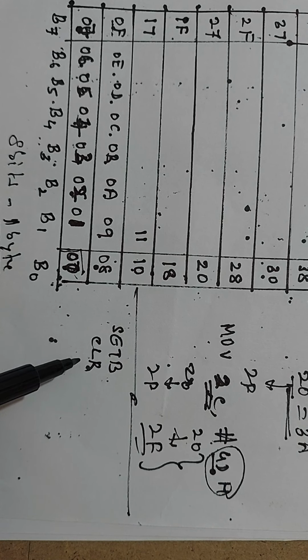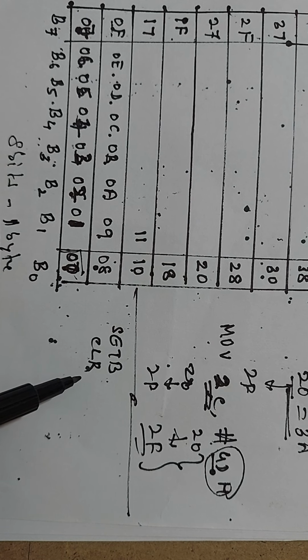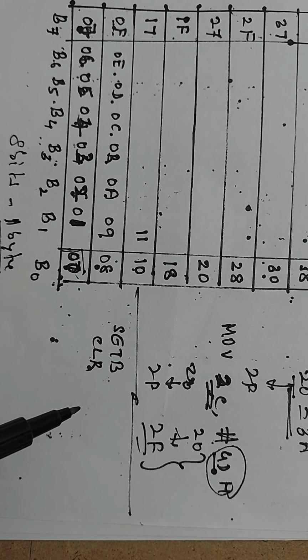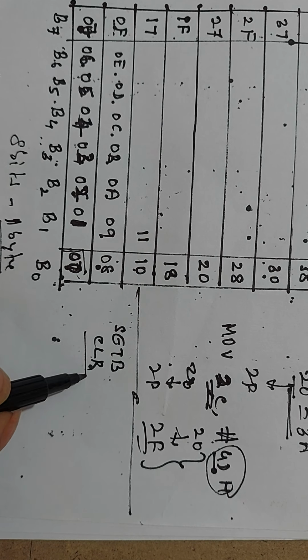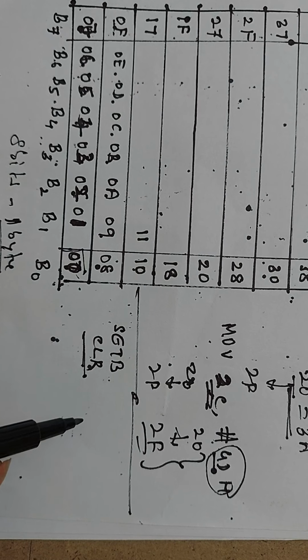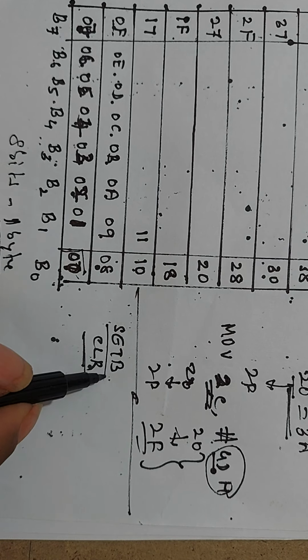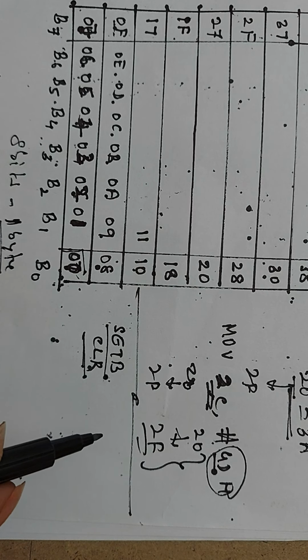Clear is an instruction used to reset a single bit to 0. That is, if a single bit contains 1 earlier, in order to make it 0 you have to use the instruction clear. Clear bit means a single bit is cleared to 0. Set bit means the particular bit is set to 1.